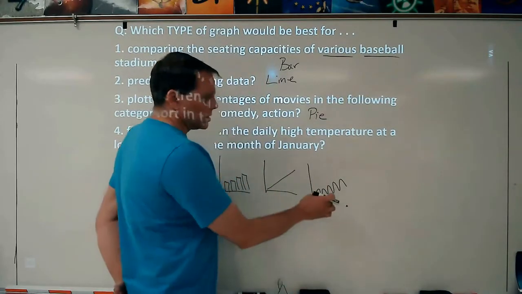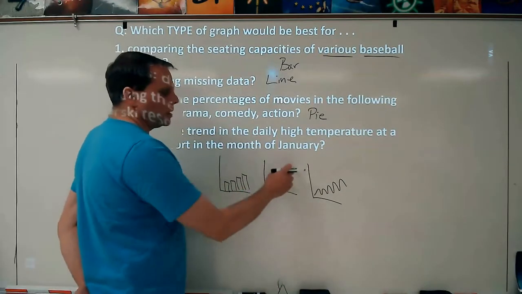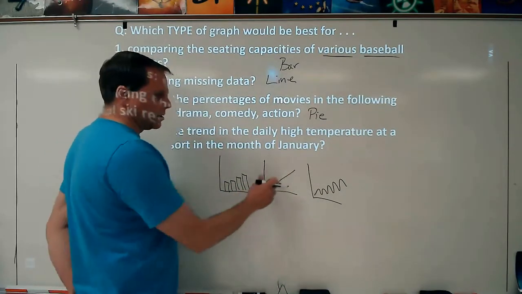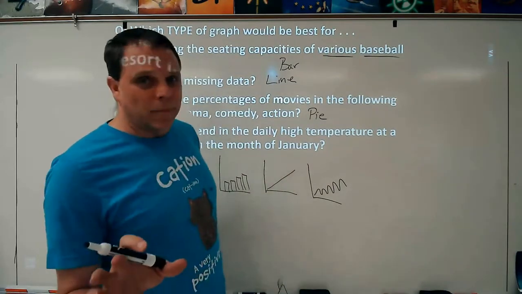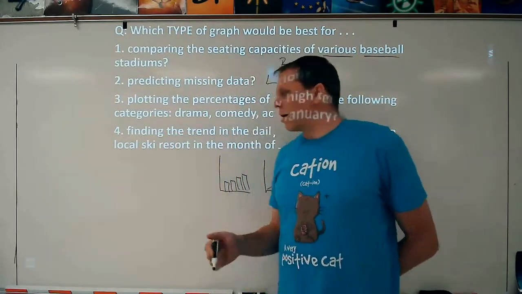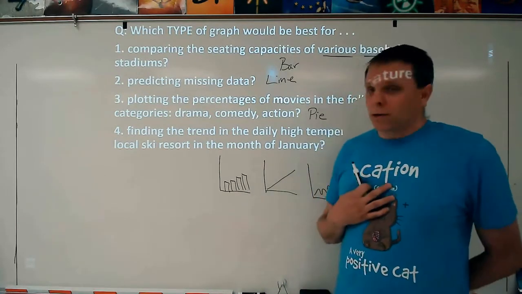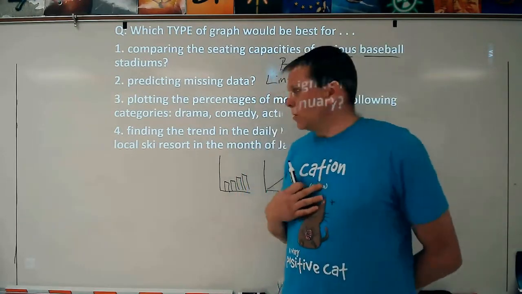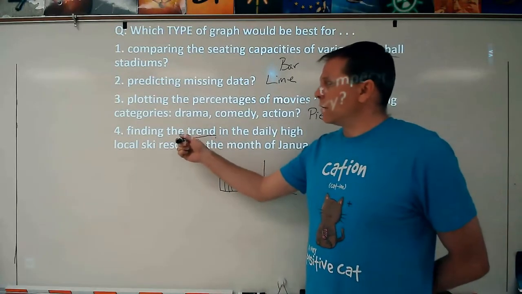The mathematical function is actually different than it might be interpreted if you just drew the line and said, oh yeah, it's straight increasing. So anyway, this one, I'd probably accept either answer as an argument. You could argue why this one might be better or why this one might be better. My personal preference would be that this would be a bar graph, even though you are trying to look for trends.